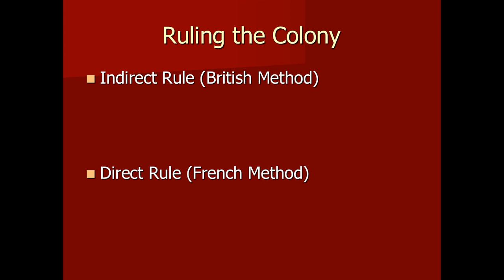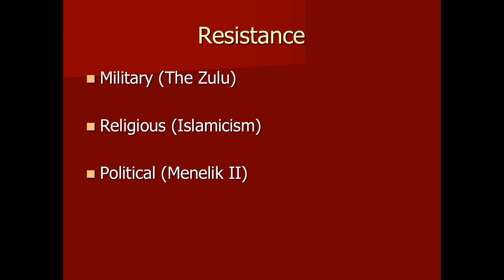Needless to say, both methods were somewhat effective, but the British method, indirect rule, was much more effective. You can see countries doing that today through trade negotiations and things like that, which is why it's sometimes referred to as neo-imperialism.